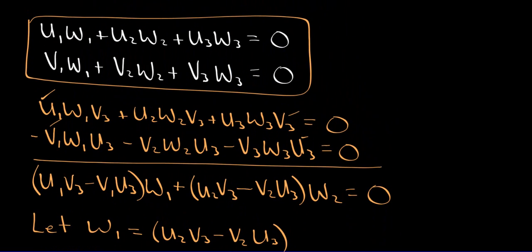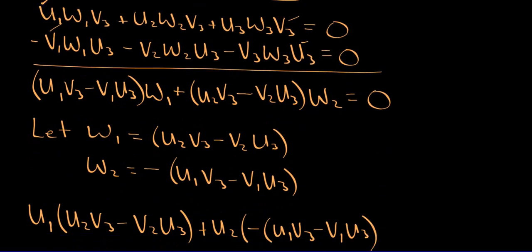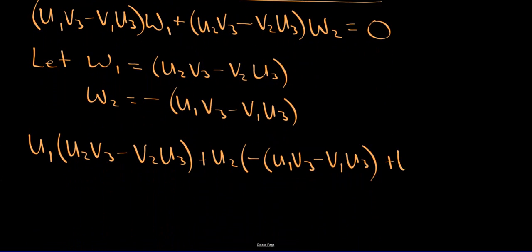Let me make sure I got that right. U2, W2, and now U3, W3, and that is supposed to equal 0.